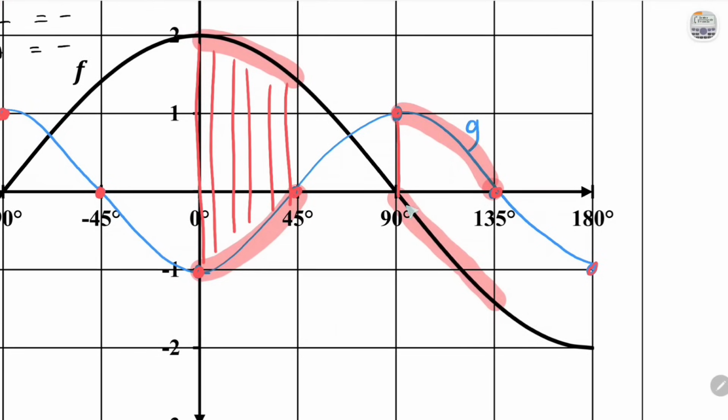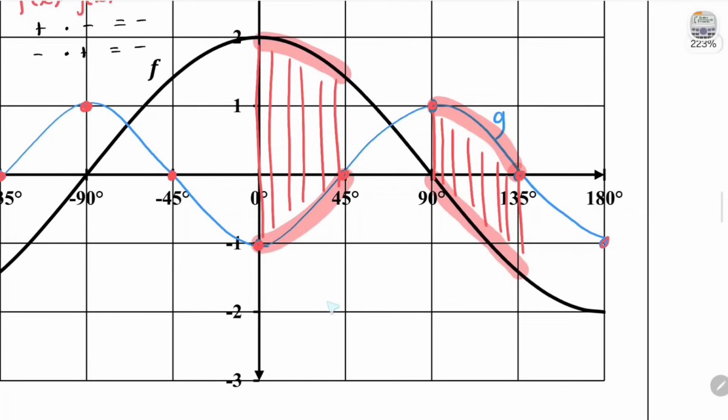And then over here, it was the value equal to 90 degrees and then values greater than 90 degrees, but less than or equal to 135 degrees. So our answer will look like this. x is greater than or equal to 0 degrees, but less than or equal to 45 degrees, or x is greater than or equal to 90 degrees, but less than or equal to 135 degrees. And that is our answer.